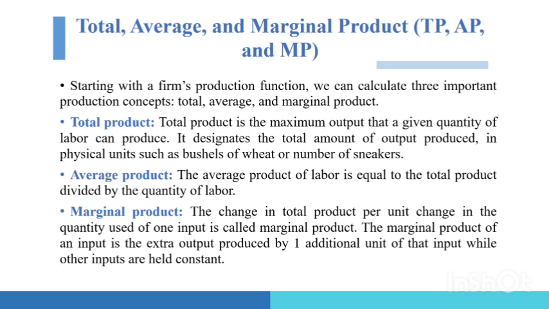Lastly, marginal product. What is marginal product? MP. Marginal product refers to the addition to total product when one more unit of a variable factor is employed. It calculates the output per additional unit of input while keeping all other inputs constant.